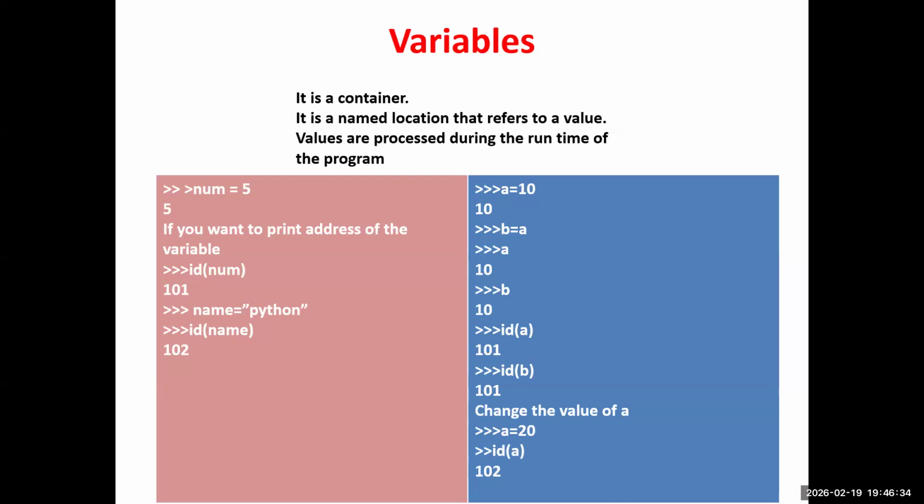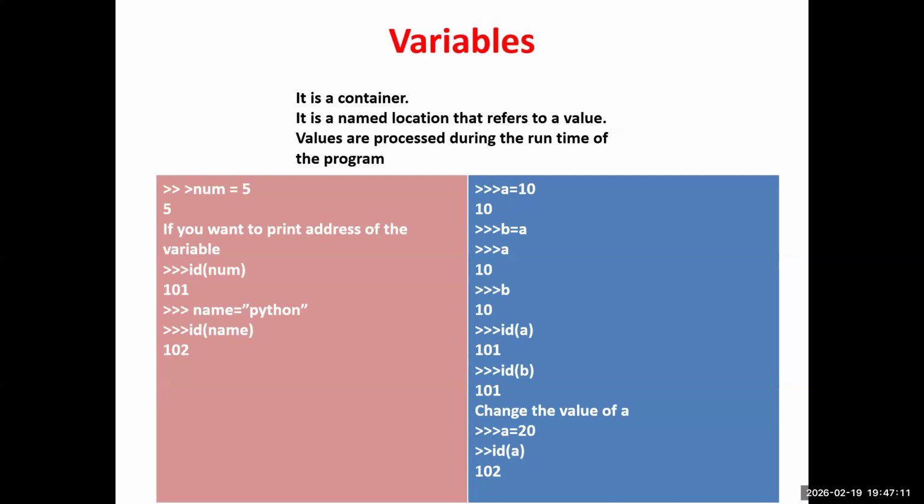So what do we mean by variable? If they ask a question like that, it is a container, a named location that refers to a value. The value may be a number, a string, a float, a special character, a list, a complex number, a Boolean, a tuple, or a dictionary.